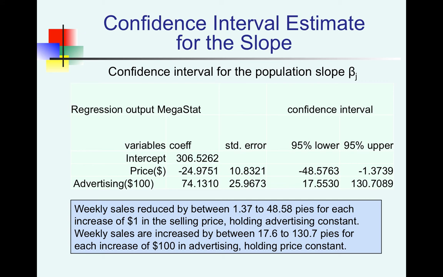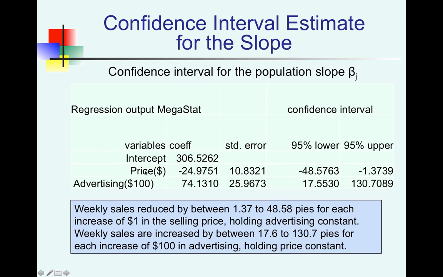The confidence interval for the slope, again, is just the same thing as for the simple linear regression case, except I just interpret it for each independent variable. The only hiccup here is that, once again, if you're interpreting the confidence interval for the slope, you still have to say holding the other variables constant. So for example, let's look at price. The coefficient is minus 48.5763.